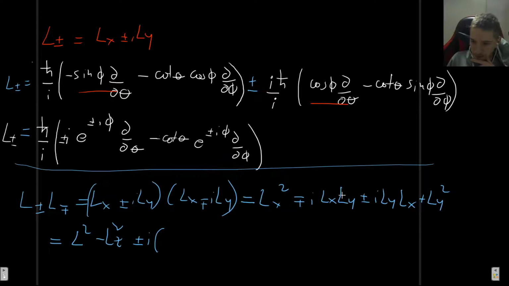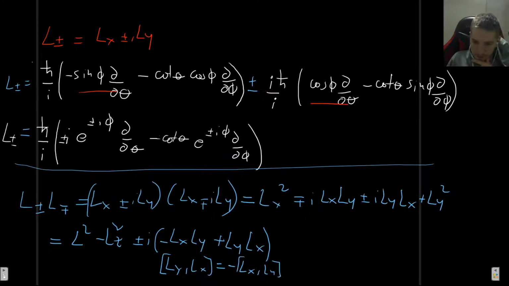So this first part is going to be left with a minus sign, minus Lx Ly, and the second part is going to be plus Ly Lx. In fact, you can see that this is just a commutator between Ly and Lx, which is the same as minus the commutator between Lx and Ly.